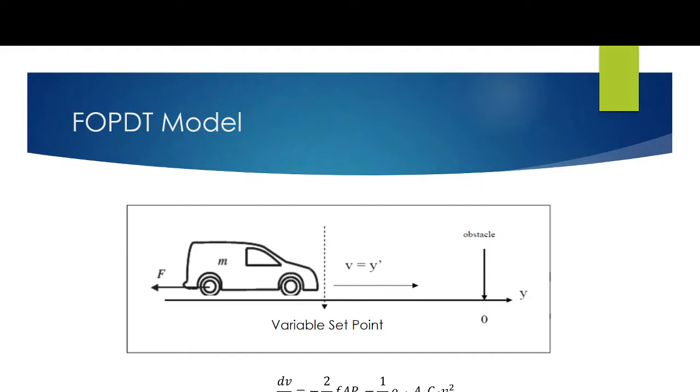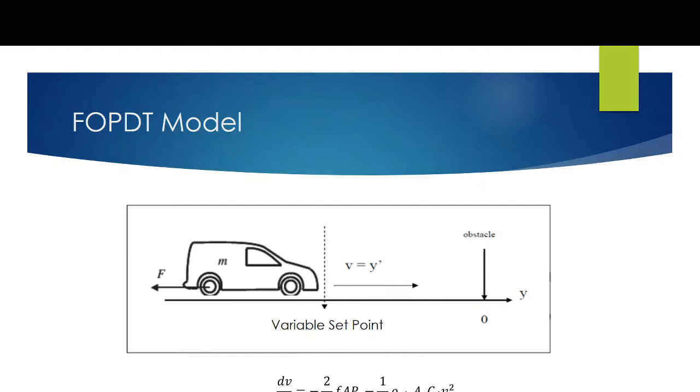Our model is from a momentum balance that solves for dV/dt and takes into account the torque on the rotor, the disc, and also the air drag on the car.